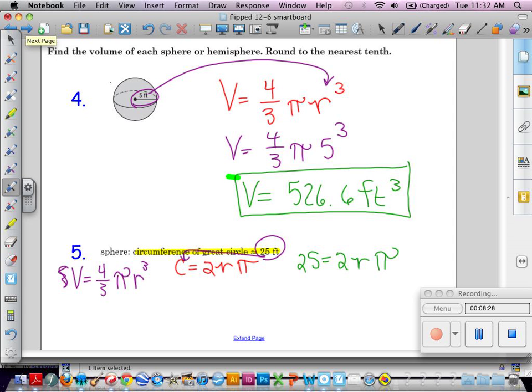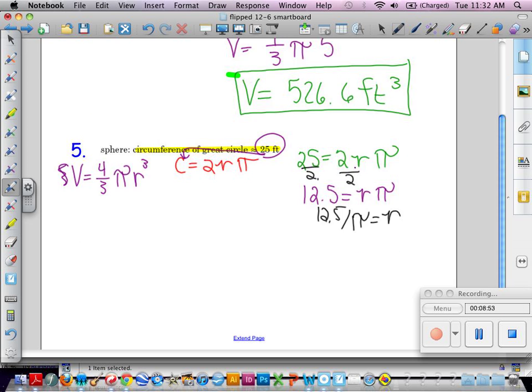Your goal is to get r alone, so go ahead and divide by 2. 25 divided by 2 is 12.5. And then you still have your r, and you still have your pi. Okay, so now divide by pi. So 12.5 divided by pi is your radius.